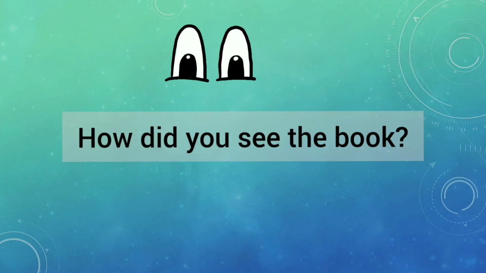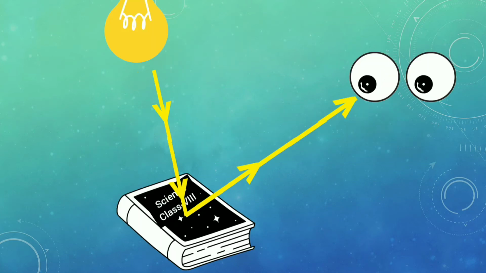How did you see the book? Yes, because of the light from the bulb. The light that fell on the book from the bulb was reflected by the book and entered your eyes. Once the light enters your eyes, you are able to see the book.